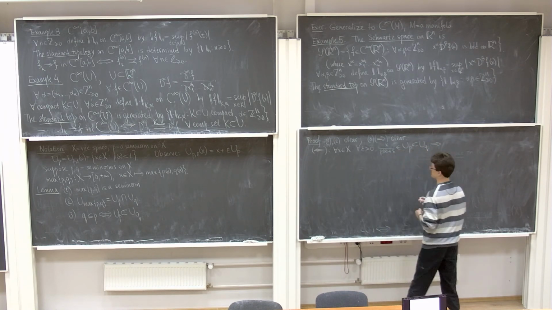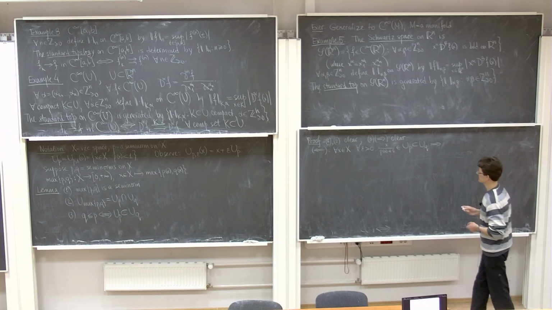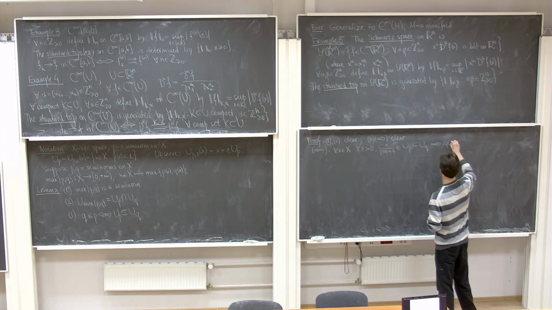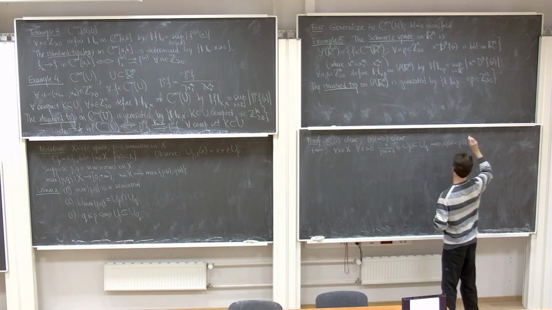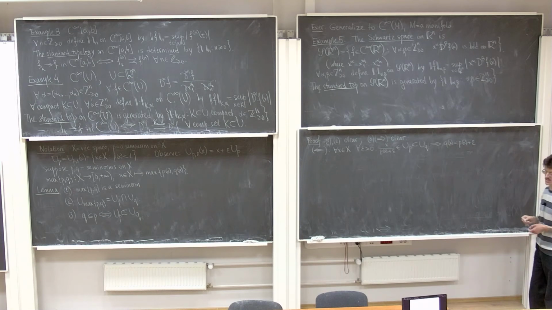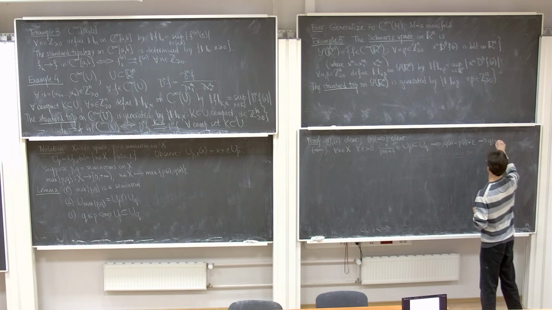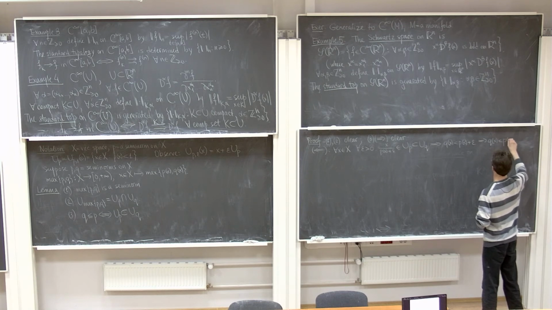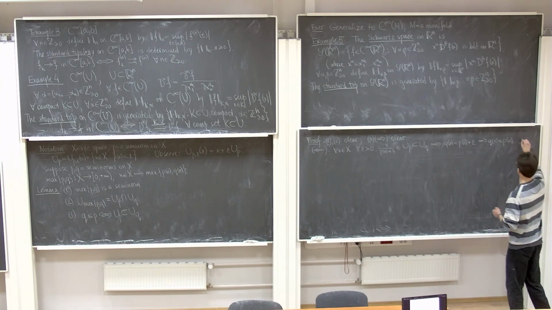So if we apply Q to this vector, the result will be less than 1. Or equivalently, this means that Q of x is less than P of x plus epsilon. And since epsilon was arbitrary, this implies that Q of x is less than or equal to P of x. Okay, that's it.